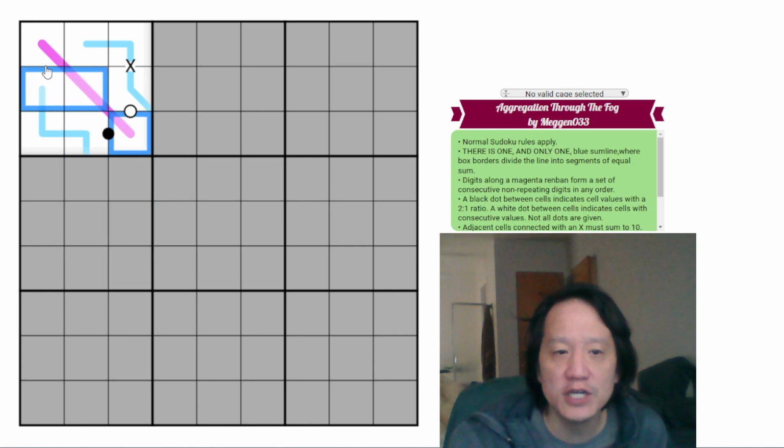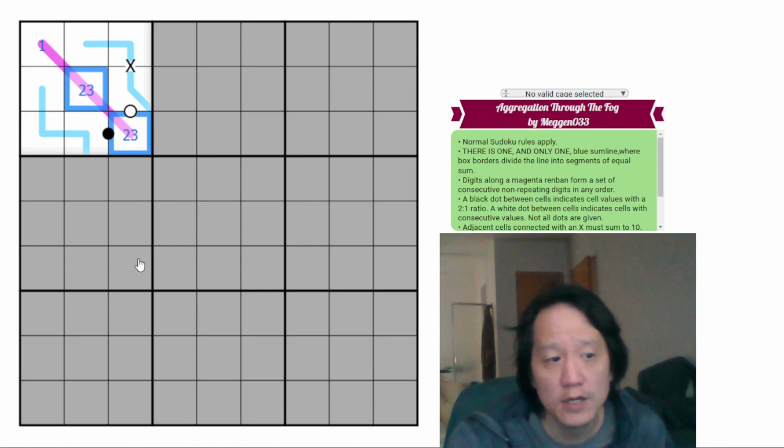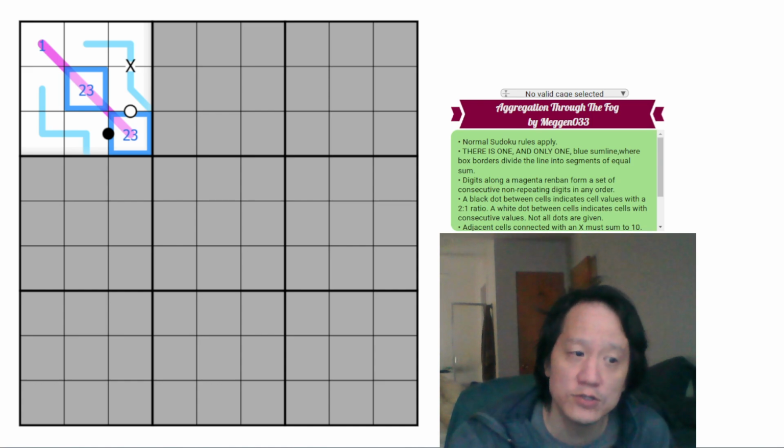Digits along a magenta red band form a set of consecutive non-repeating digits in any order. So, for example, if this was a 1, you know there would have to be a 2 or a 3 on the same line because it would have to have 3 consecutive numbers, and 1 is only consecutive with 2, which is only consecutive with another number of 3.